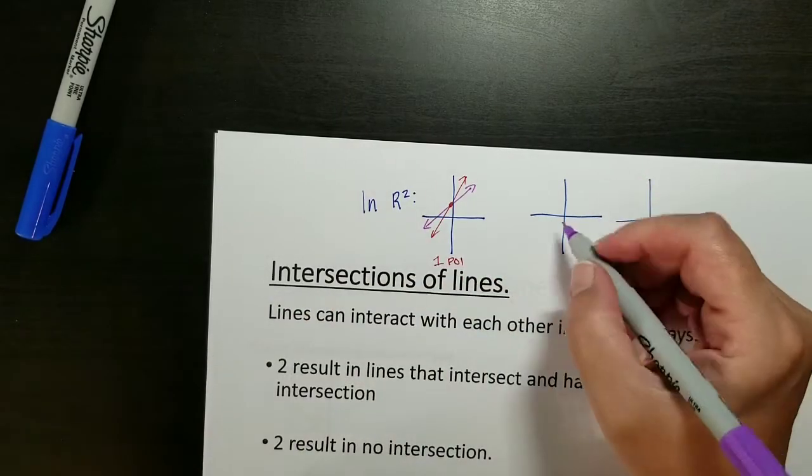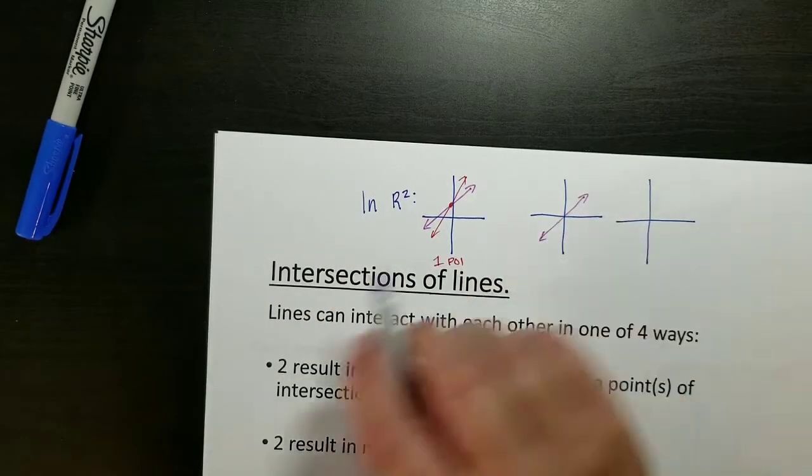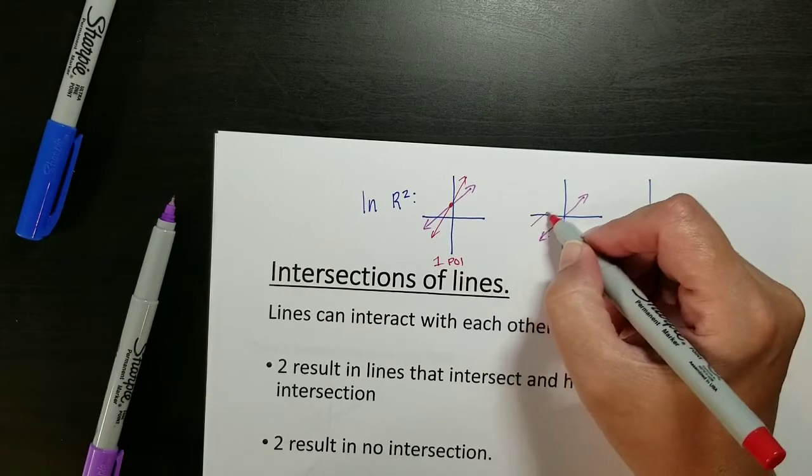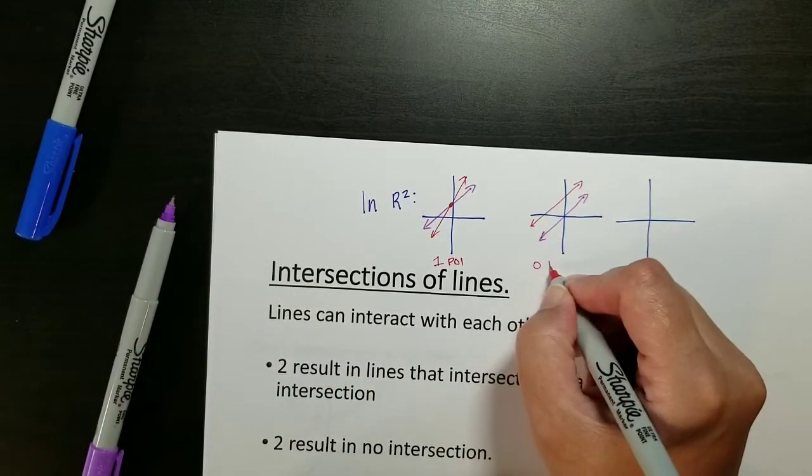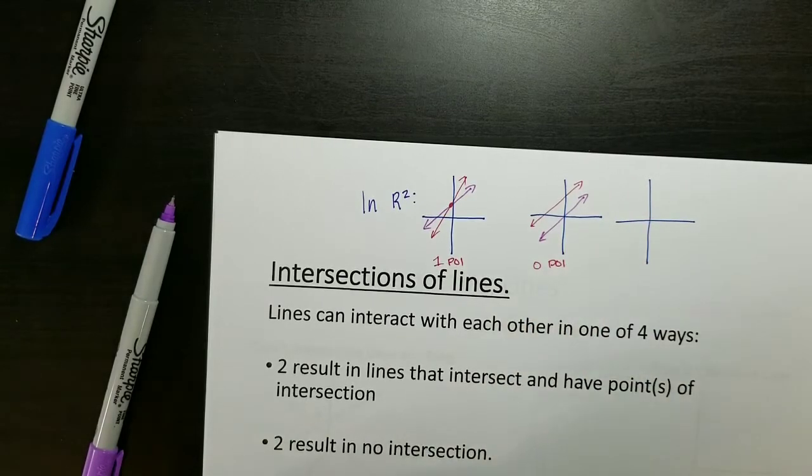Or you could have two lines and maybe they are parallel, and they would have 0 or no POIs.